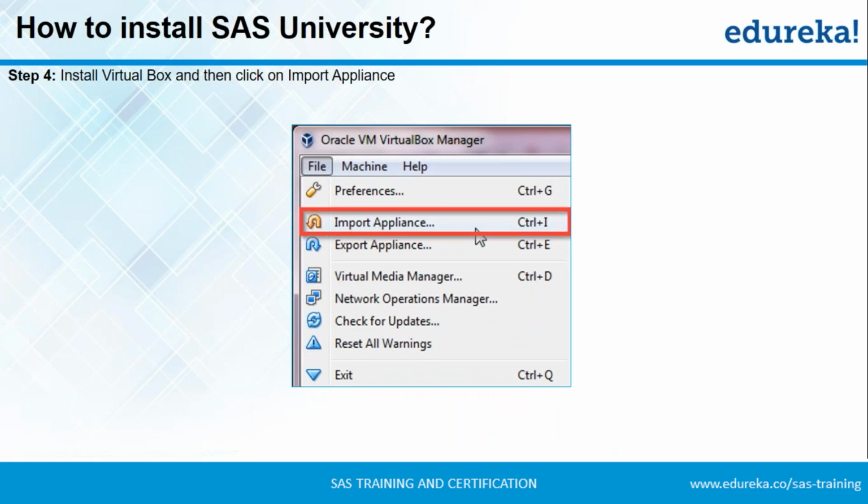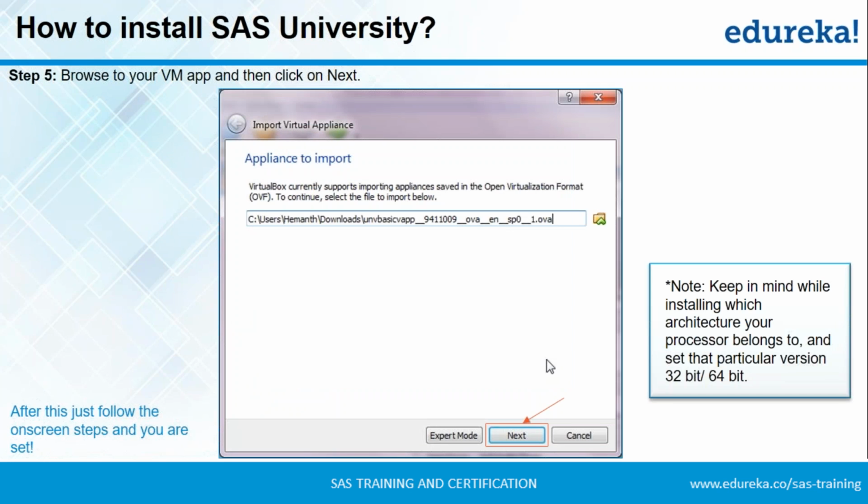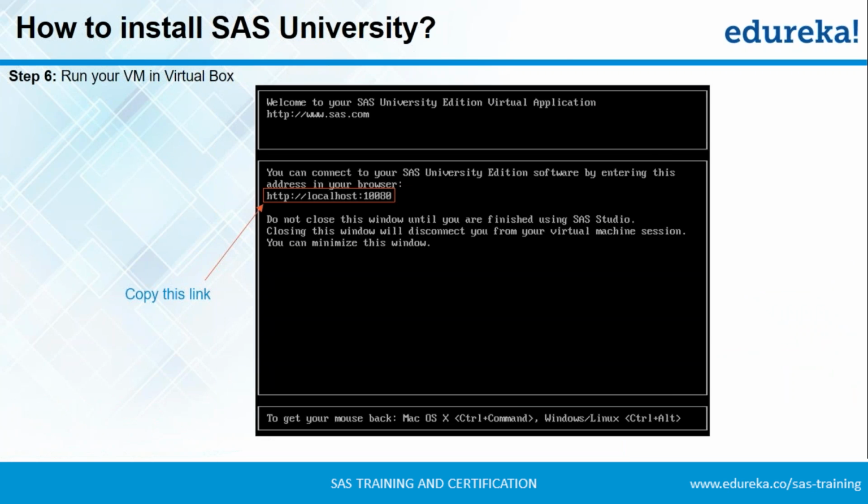You'll be presented with a window where you browse to the file you downloaded from the SAS website, click OK, and you'll be prompted with the setup wizard. Just go along with the normal way you install things and then SAS will get launched.